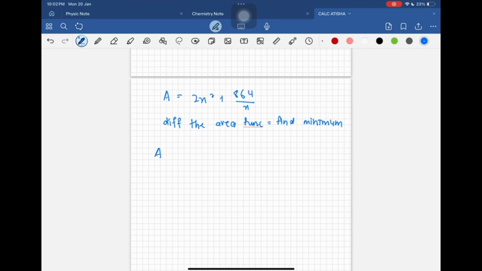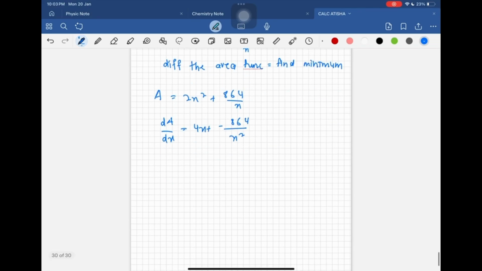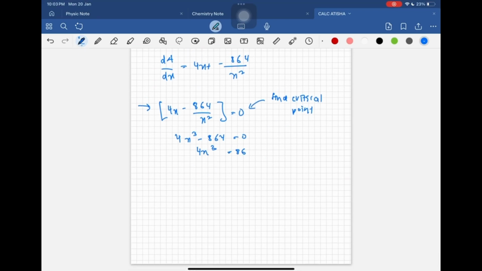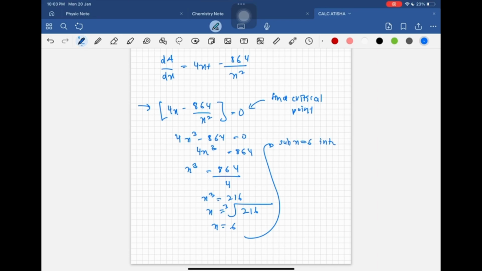Then I substitute the given information into the general formula for surface area. I undergo some expanding to reach the like terms, and finally I show that the surface area is the same as the question given, which is A equals 2x squared plus 864 over x.